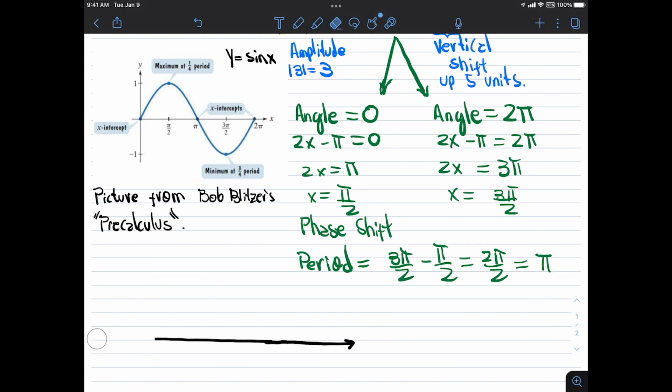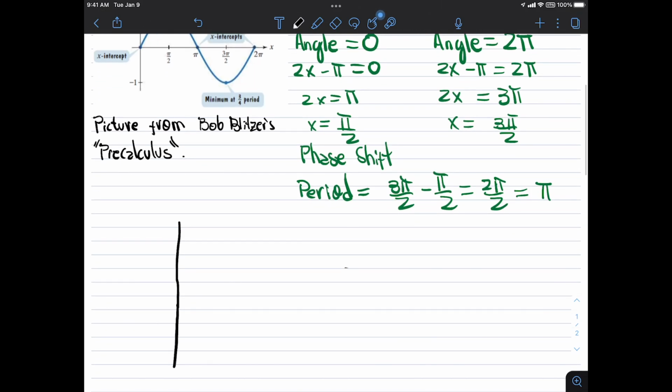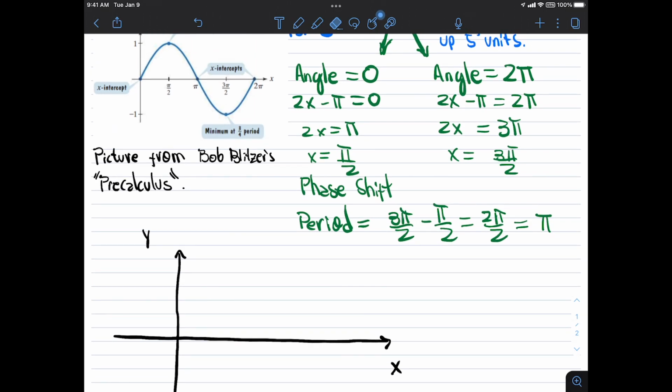I'll make it a little lower too, because we're going to have that vertical shift we discussed. That'll be x, that'll be y. So I'll start from x, from the green portion. So my phase shift is pi over 2.